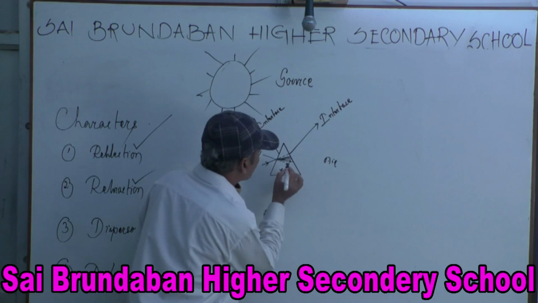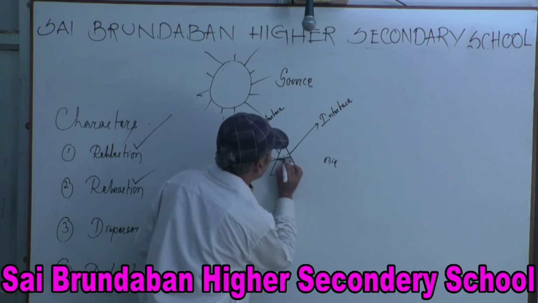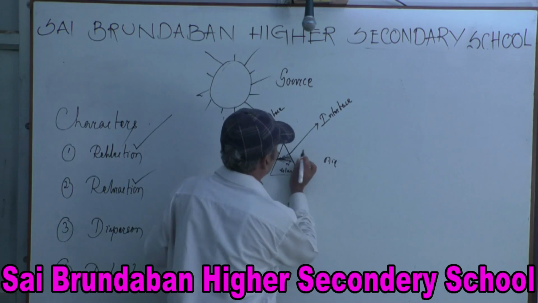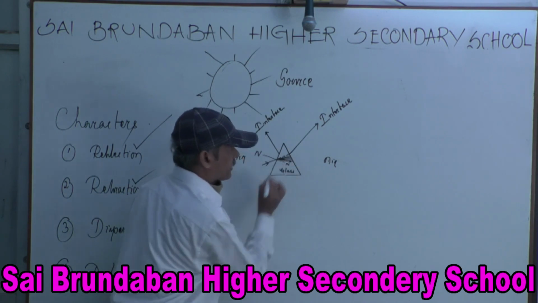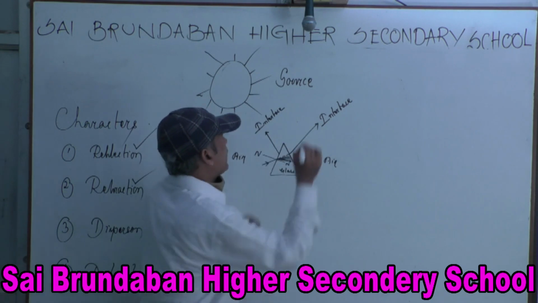Here are 1, 2, 3, 4, 5, 6, 7. 7 strike points in the second interface.